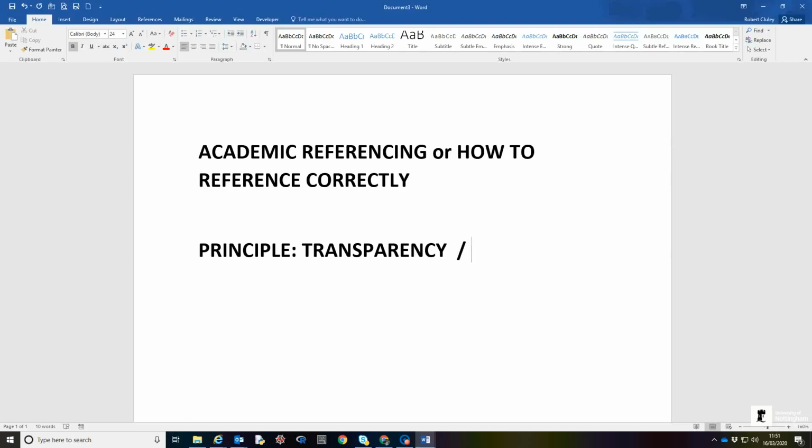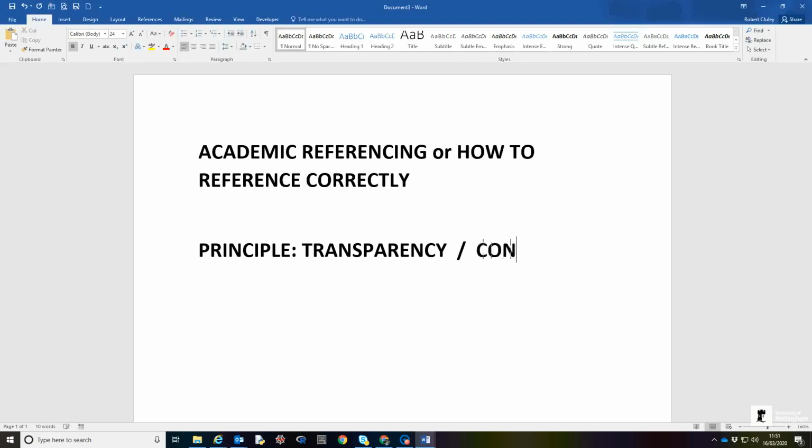So if you haven't referenced correctly, that rather undermines your claims. If you haven't referenced in a way that lets the reader go and actually find the text, well, you've not been helpful, you've kind of been a bit tricky, and it might lead people to suspect that you have been somewhat unethical, let's say. So the first principle is, whatever you do, it needs to be transparent.